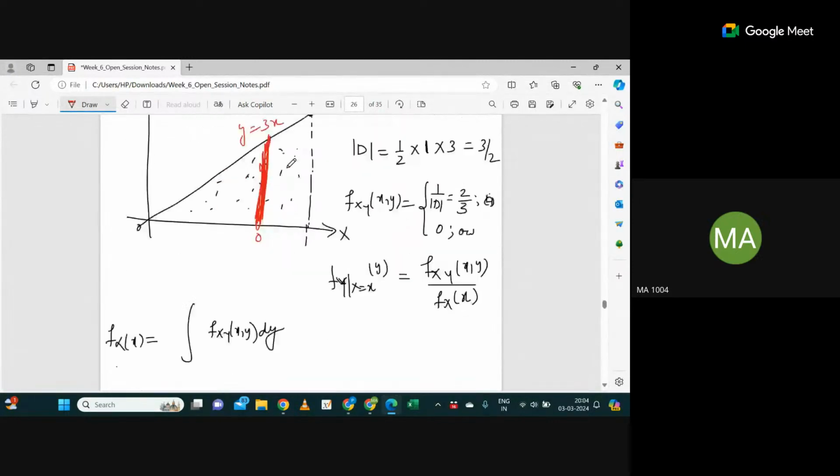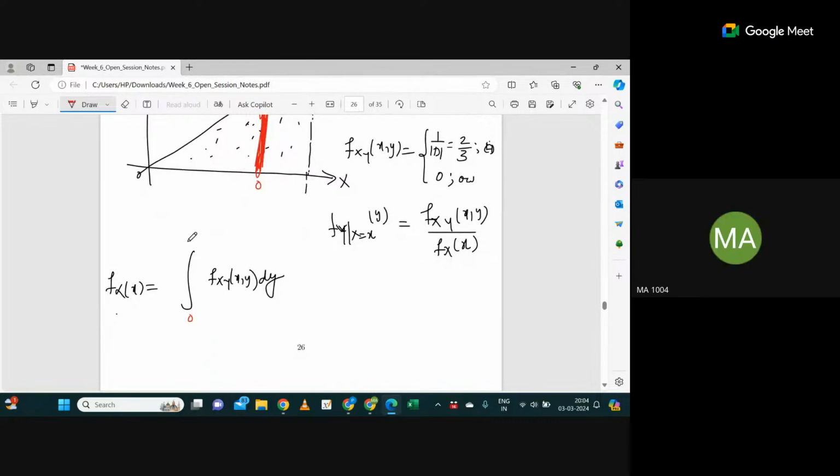So I have to integrate 0 to 3x of 2 by 3 dy. It will be 2 by 3 y from 0 to 3x. Basically it will be 2 by 3 into 3x, which is nothing but 2x, right?